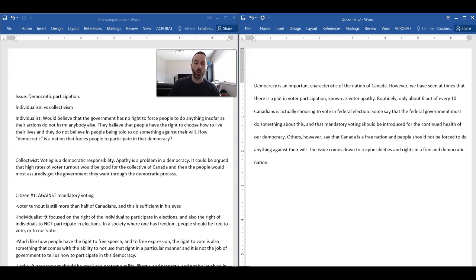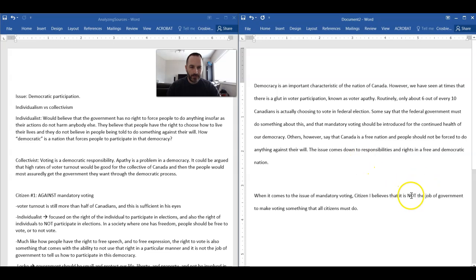And again, I'm only doing speaker 1 and speaker 2. So when it comes to the issue of mandatory voting, Citizen 1 believes that it is not the job of government to make voting something that all citizens must do, right?